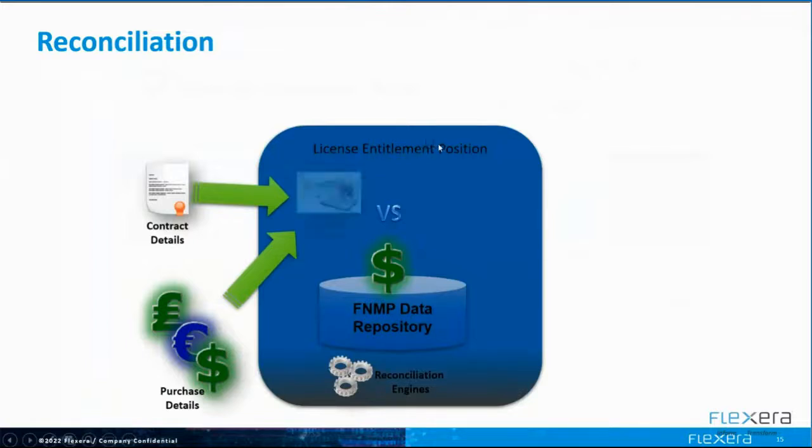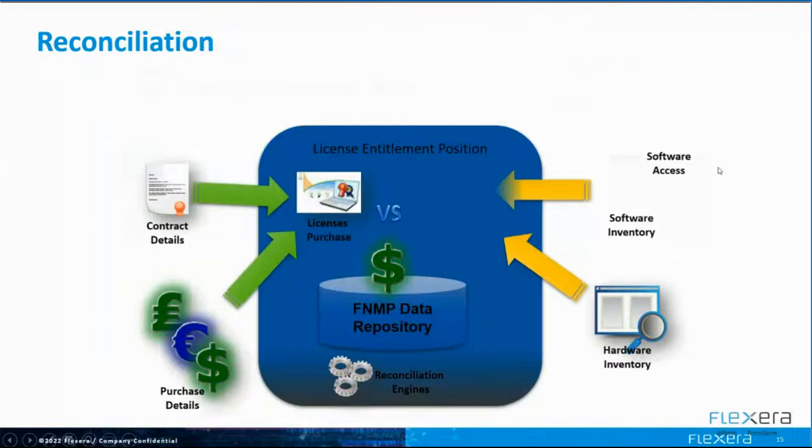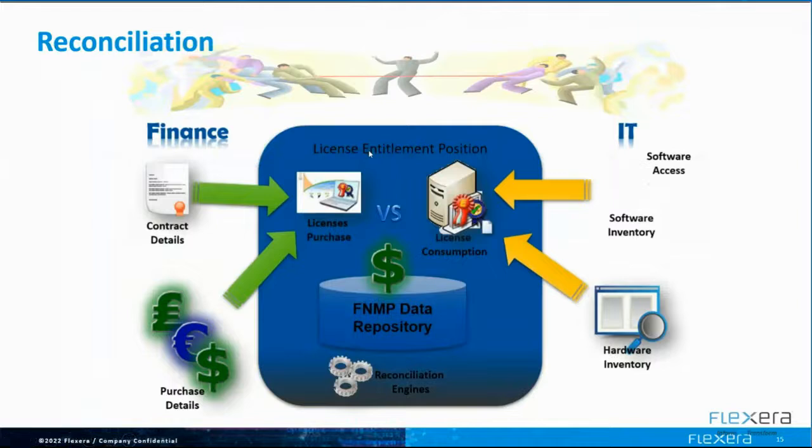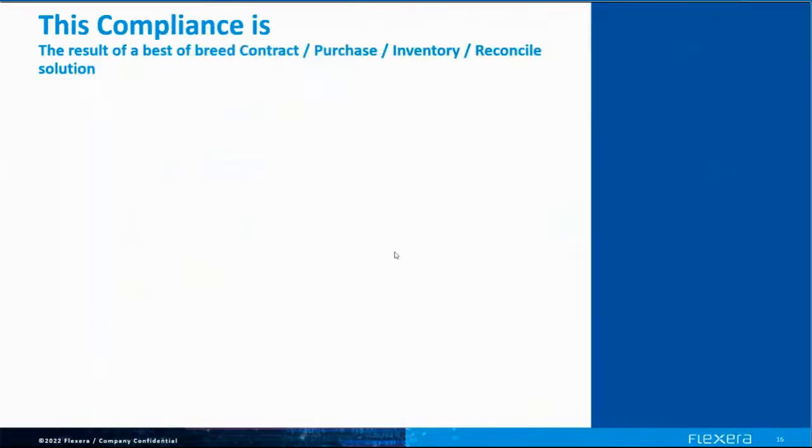On the other side, you have the hardware and software inventory or usage inventory, which will compute and bring data to inventory. And the compliance position is a comparison that converts this inventory data into consumption data, and that is compared against purchase and procurement data. So I'm talking about quite classical things, but it's good to know what the process is.